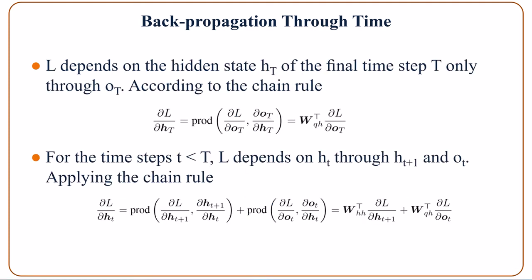Now we calculate the derivative of the loss with respect to the hidden state at the final time step T. The loss L depends on the hidden state h_T of the final time step T only through o_T.